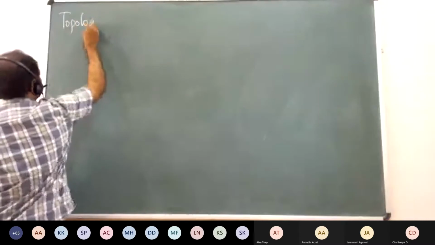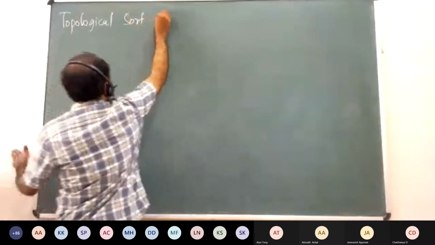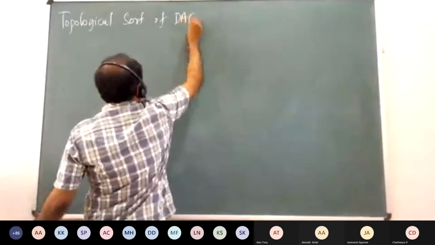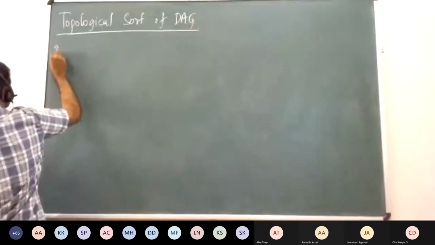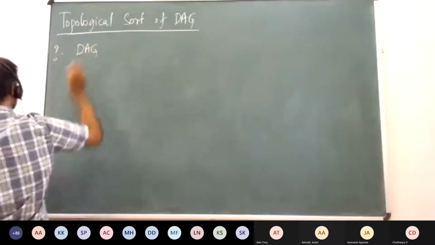So what the problem now is, I am not so much worried about the application of this now. So the way we have modeled it is that we are given a DAG. So this is topological sort of a DAG. What you are given as input is a DAG, right?